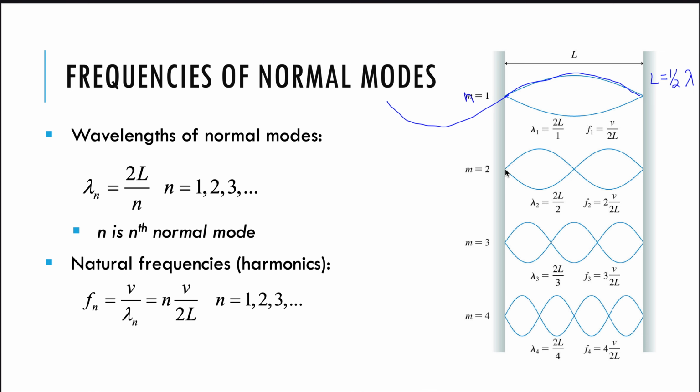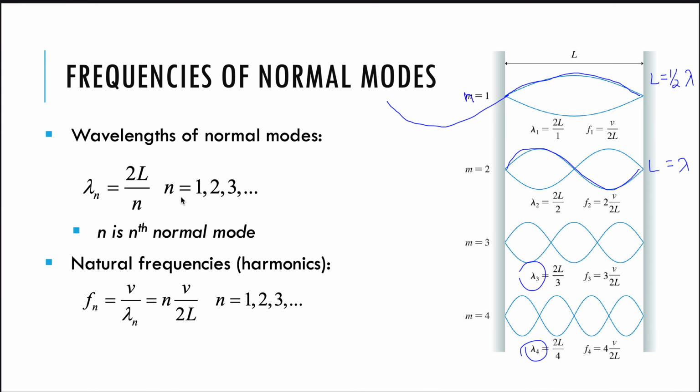For the next one, we can see that we have a full wavelength. L is equal to the full wavelength. That means that the wavelength equals L. So to get the expression for each consecutive wavelength, we have this expression, 2L over n. And we can see that it makes sense by just counting how many wavelengths we have for each normal mode of vibration.